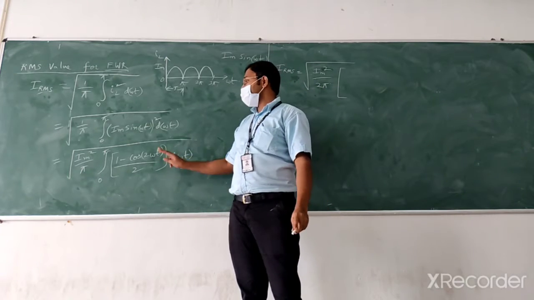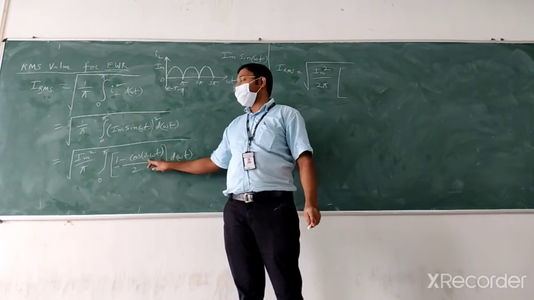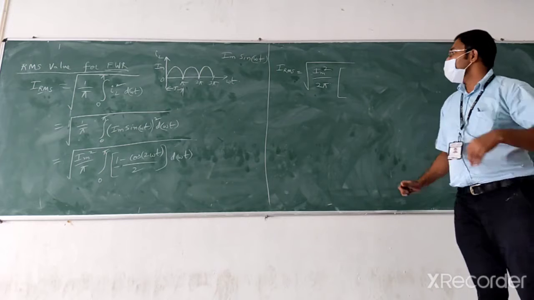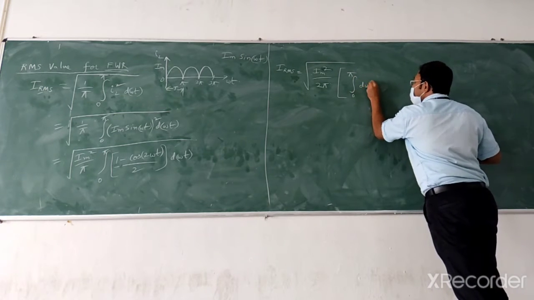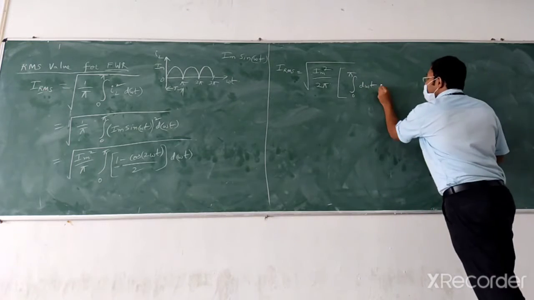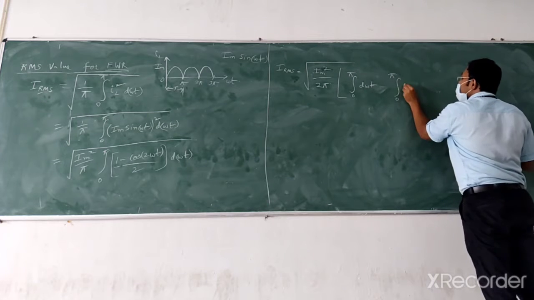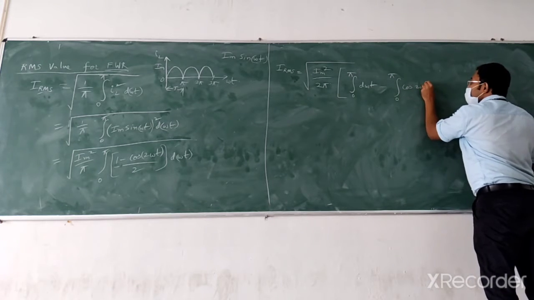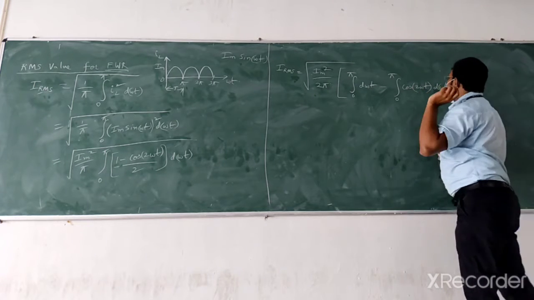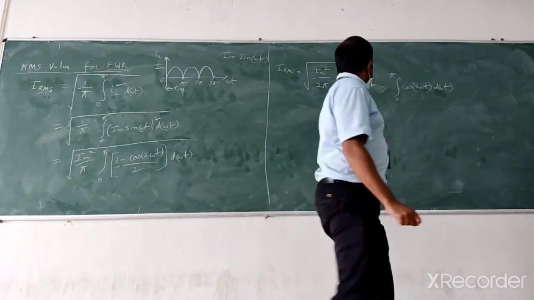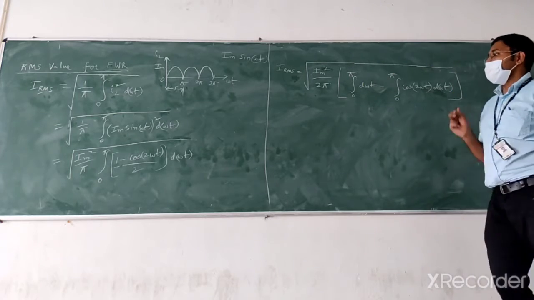Next what we will do is take the integration separately for 1, separately for cos 2 omega t. So integral 0 to pi d omega t minus integral 0 to pi cos 2 omega t d omega t.